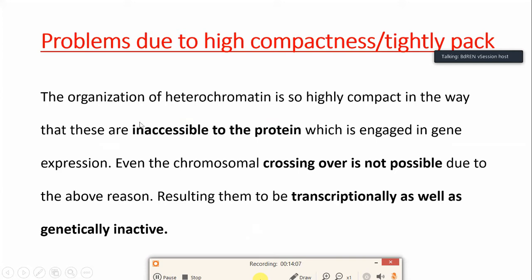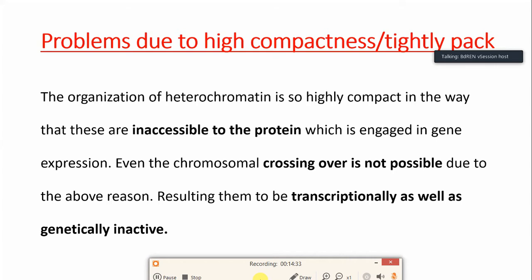in the function. The organization of heterochromatin is highly compact, in the way that it is inaccessible to the proteins engaged in gene expression. Due to its high compactness, protein is not formed. Actually, we know that there is a central dogma in molecular biology.